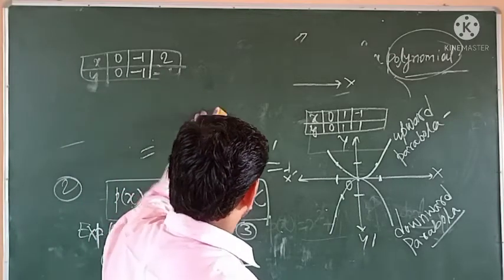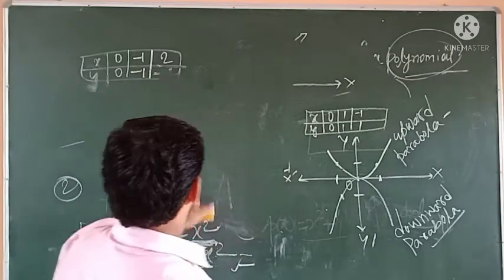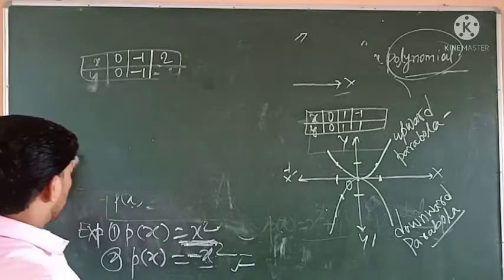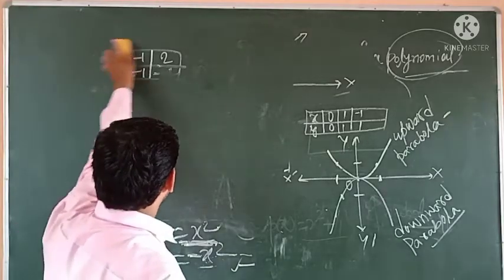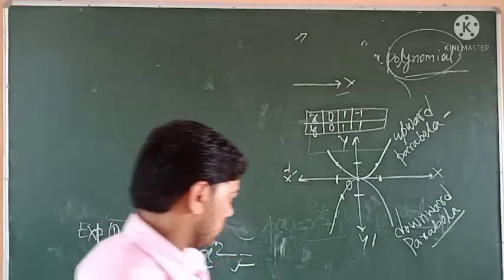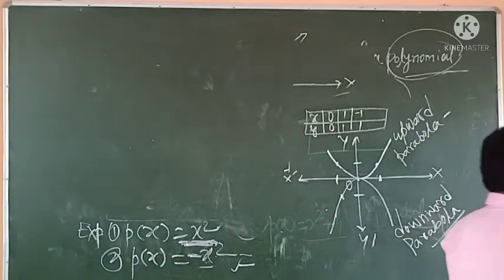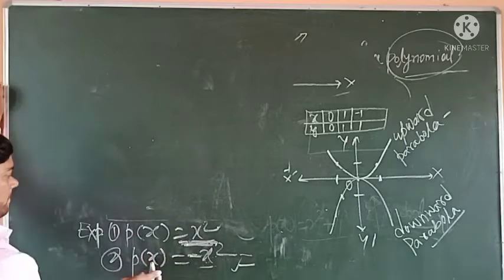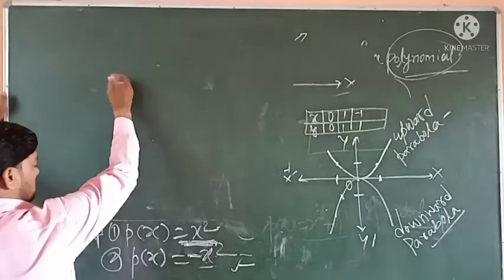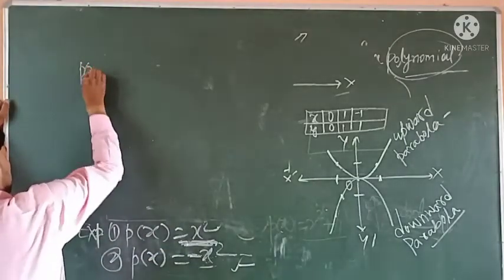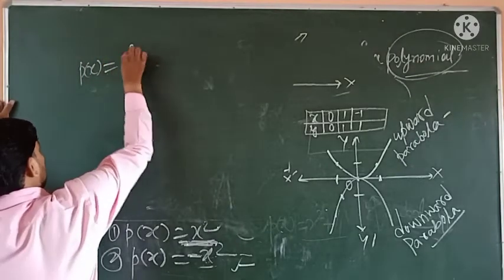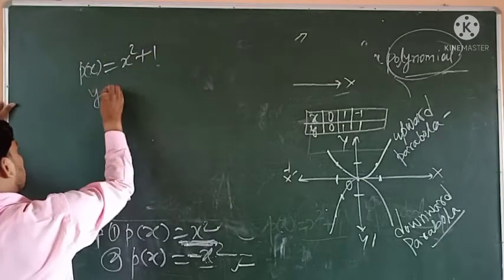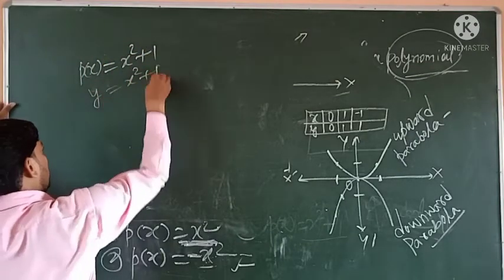The graph of every quadratic polynomial does not necessarily touch the origin. See, if px is equal to x square plus 1, that is y is equal to x square plus 1.